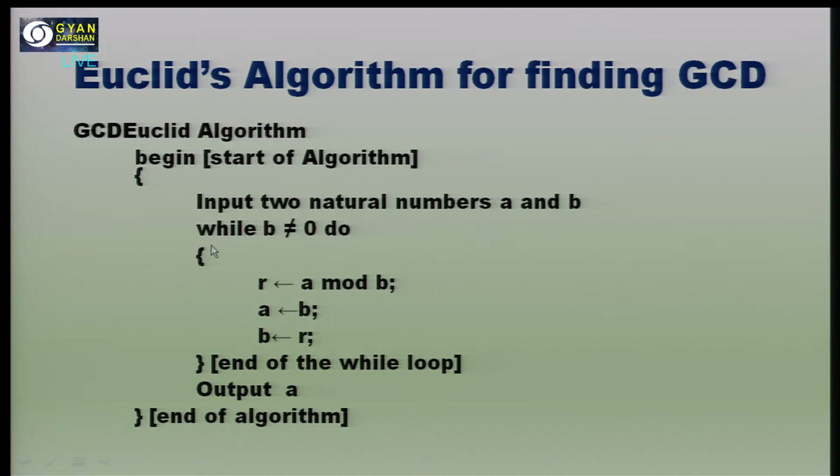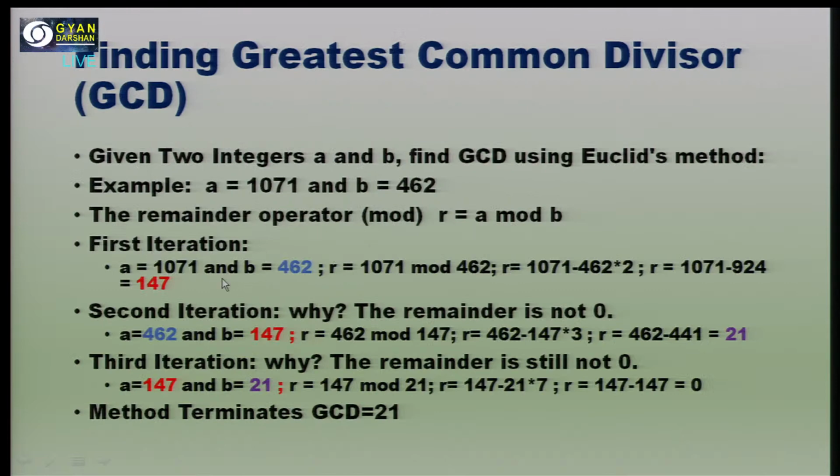So this is how you are going to start. While B is not equal to 0, you compute the value of the remainder with the help of the A mod B operator. Once you get that value, as a next step, you transfer the value of B to A. That is what you have done here, right?